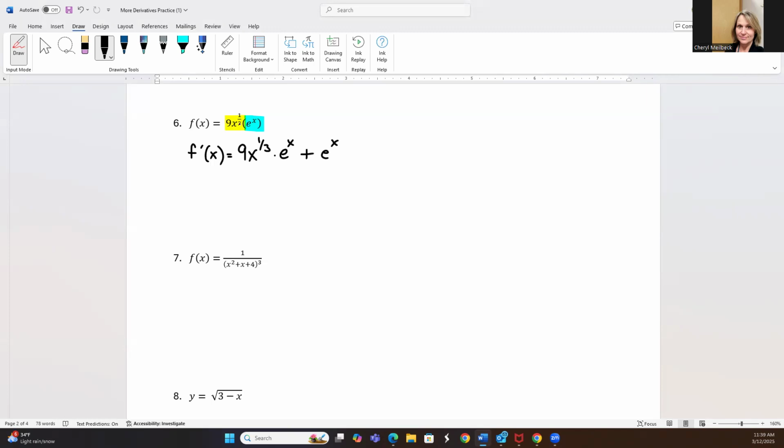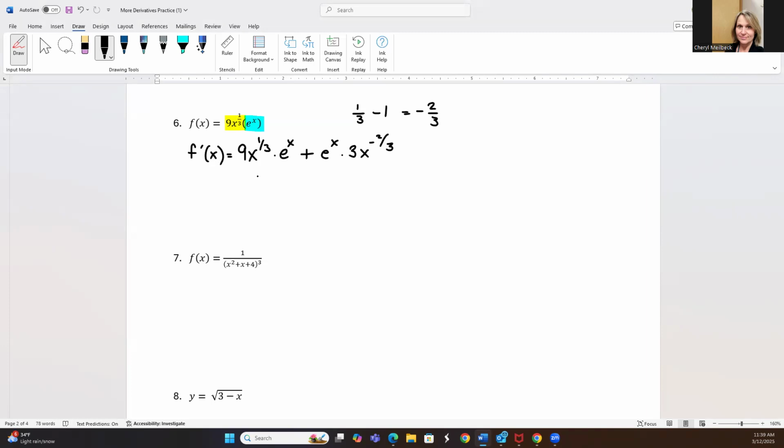Taking the derivative of this first will require us to use the power rule. So 1/3 will be multiplied by the 9, and that equals 3. And then we'll have x, and we'll take 1/3, our exponent, and subtract 1, which will give us a negative 2/3. This answer, there's so many ways you can simplify it.